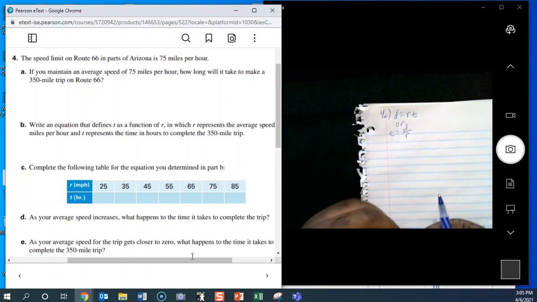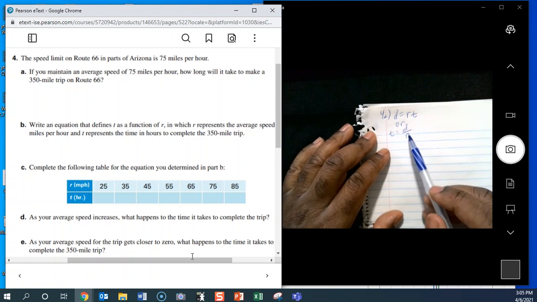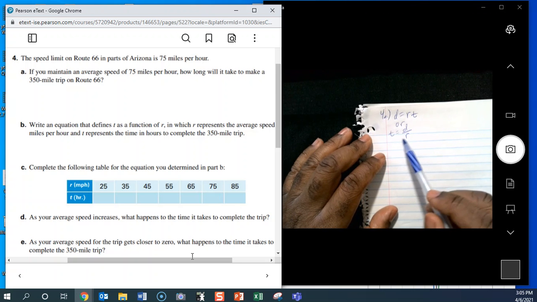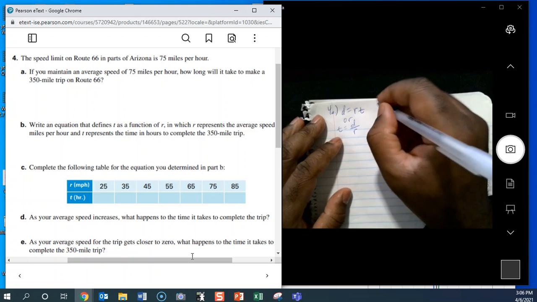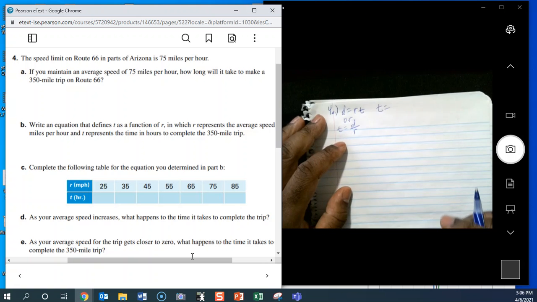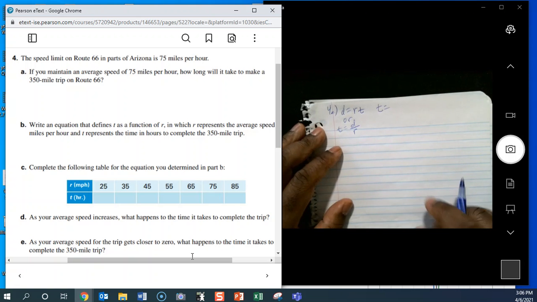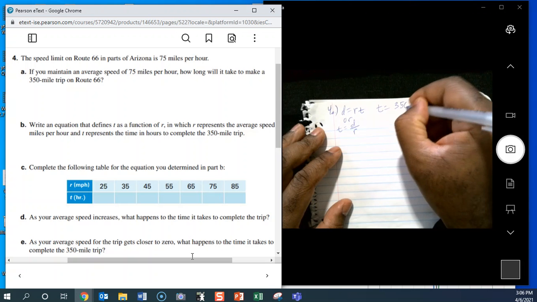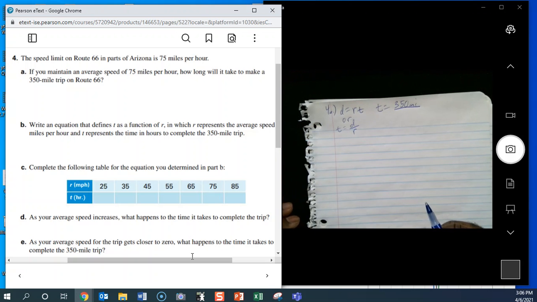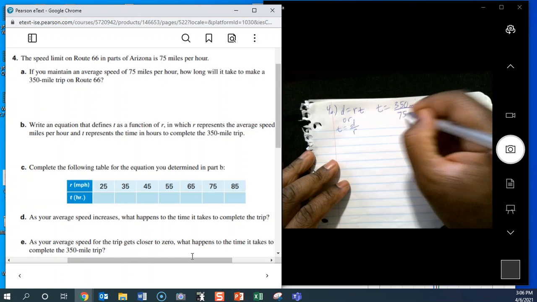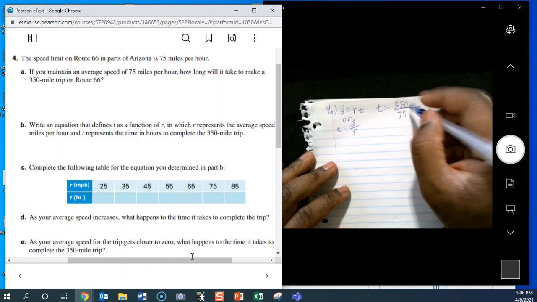Now it looks as though we're given the values where we would need to utilize this time equation. So time is equal to, the distance according to these directions is 350 miles, and then the rate, that's the traveling rate or average speed, is 75 miles per hour.